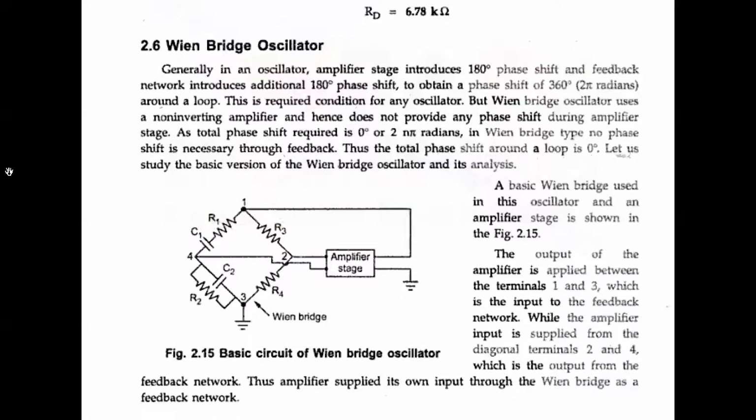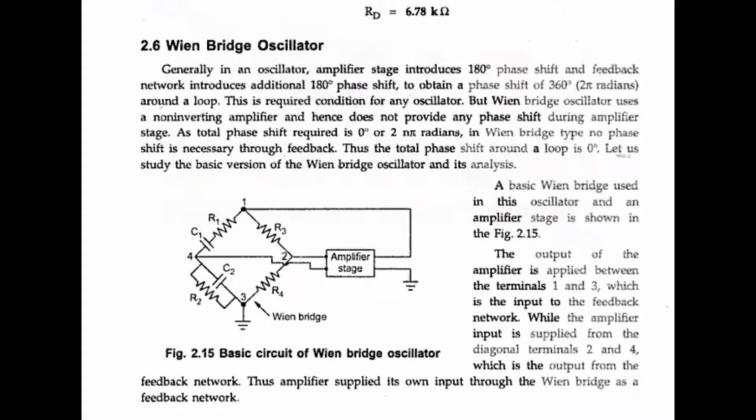Then in LC oscillators, Hartley oscillator, Colpitts, and the RC phase shift oscillator, which we discussed earlier, what was the phase shift provided by the feedback network? Anybody answer, please? In LC oscillators, it could be Hartley or Colpitts.